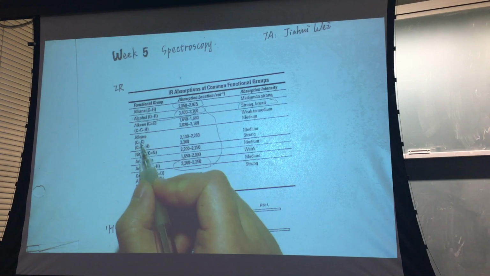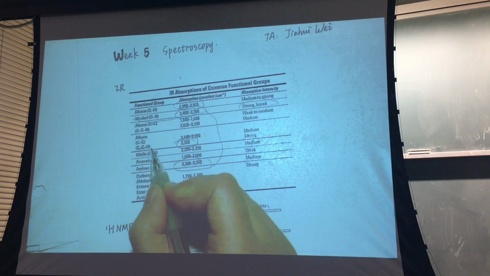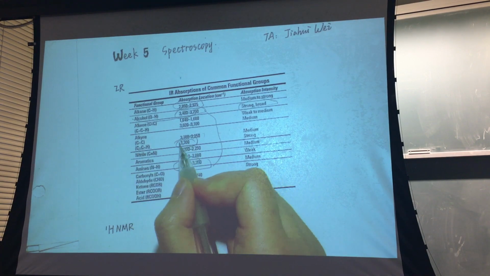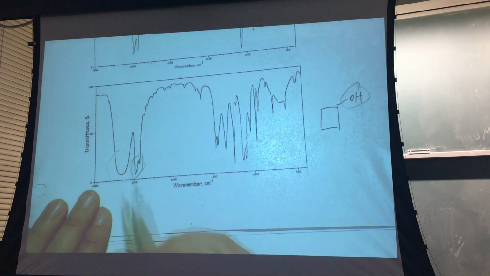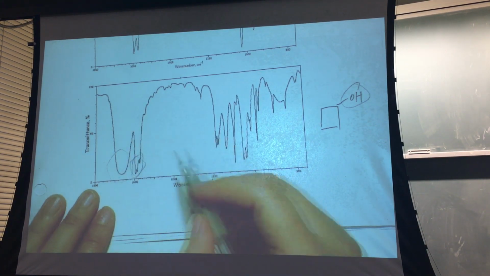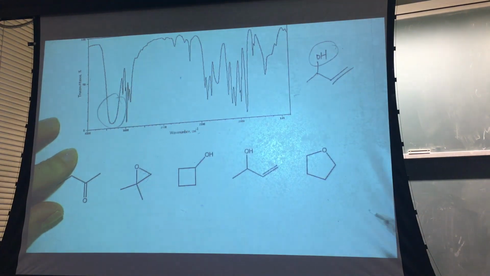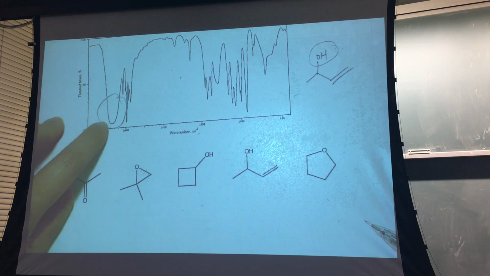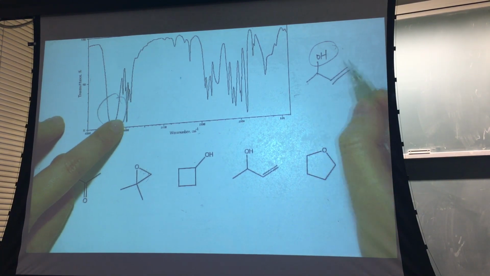See alkene, which is a double bond. The hydrogen associated with the double bond is also in this region, just a little bit higher than this one. This one doesn't have it, but maybe we will find one. Okay, see this one. This one also has a hydroxyl group, a deep overtone, and then it has sp3 and sp2, which is the alkene.